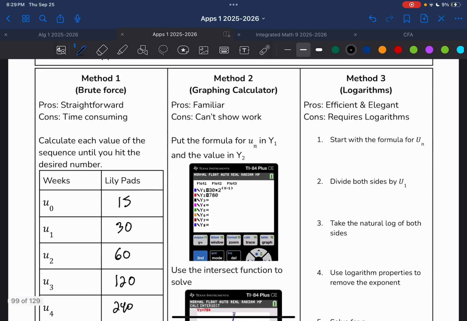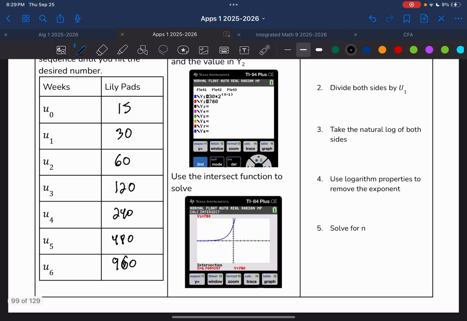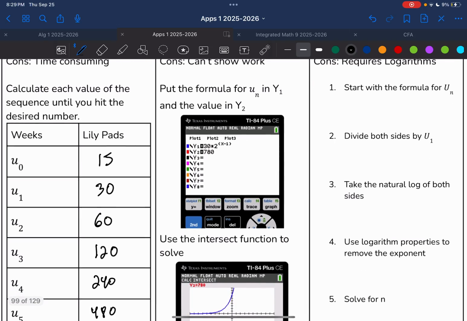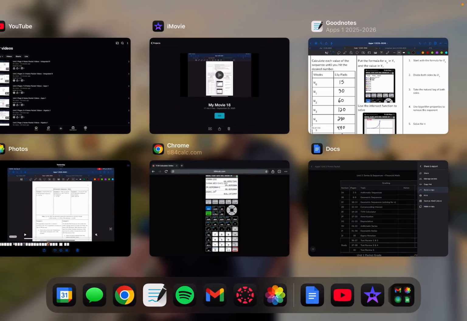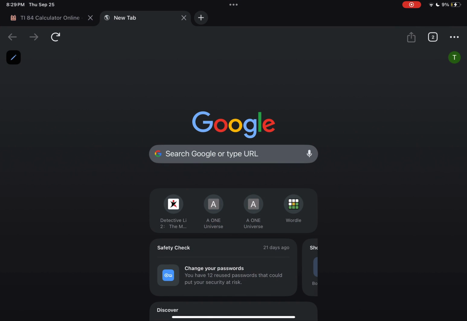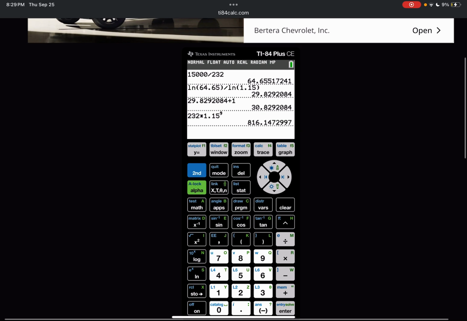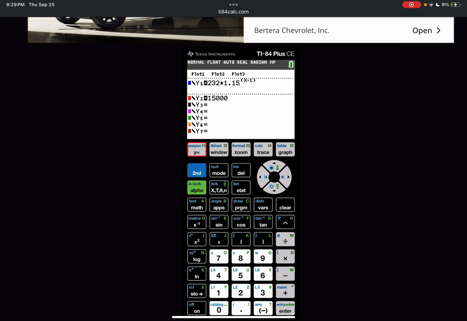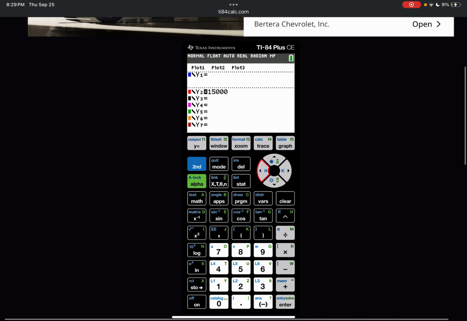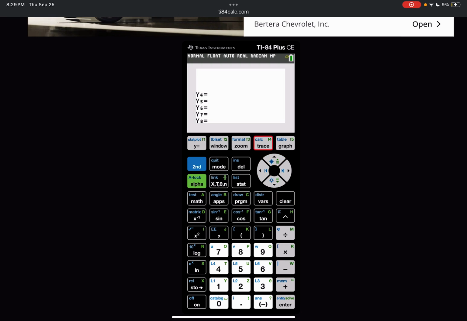All right, and now we can solve that using the intersect function in our calculator. So this is the same thing that we were doing last unit, where we can now go to y equals on our calculator. We know that function for calculating any term in our sequence.